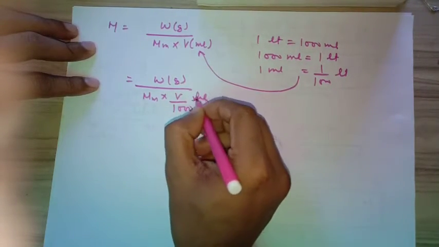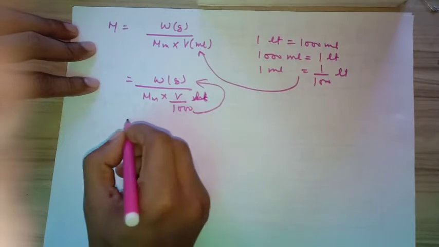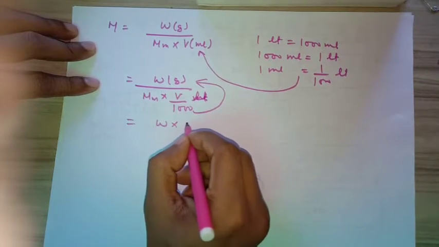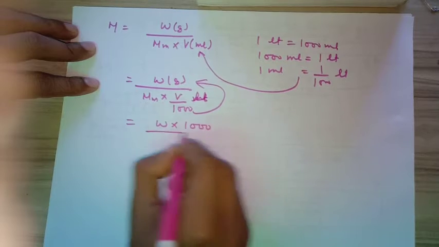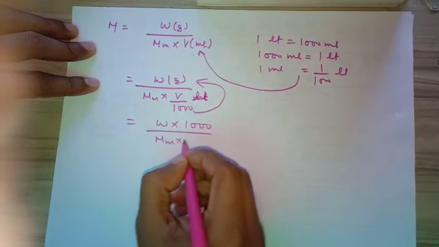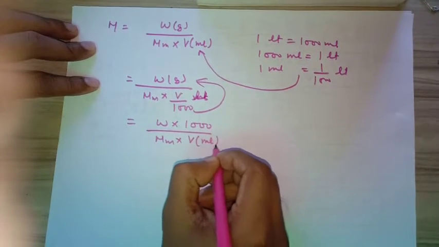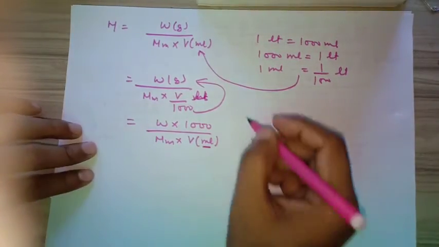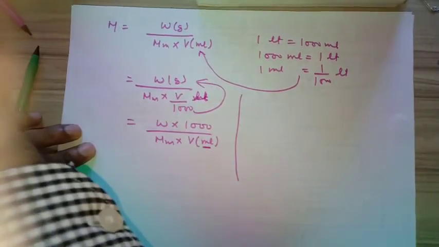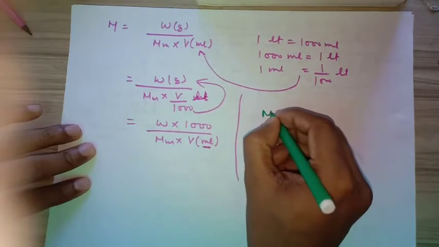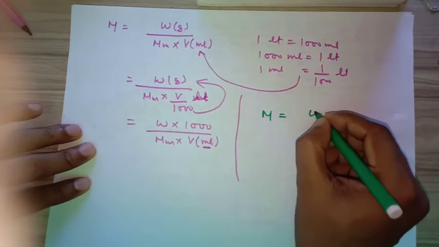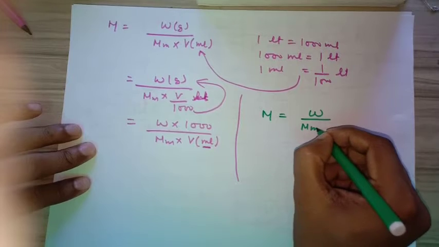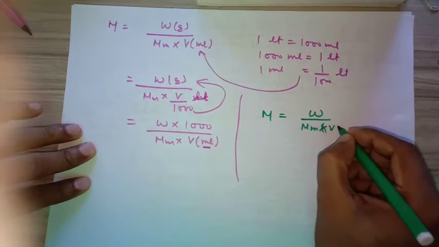Now this will be in liter only, so this 1000 will go up, so it will be W into 1000 upon mm into volume. Now here volume will be taken as ml. So generally we have two formulas related to it. Molarity will be expressed as W by mm into volume in liter.